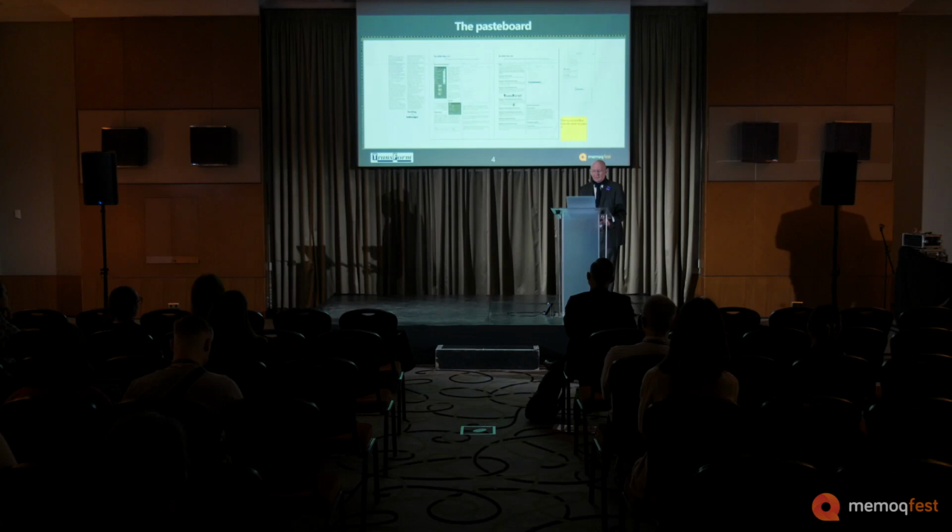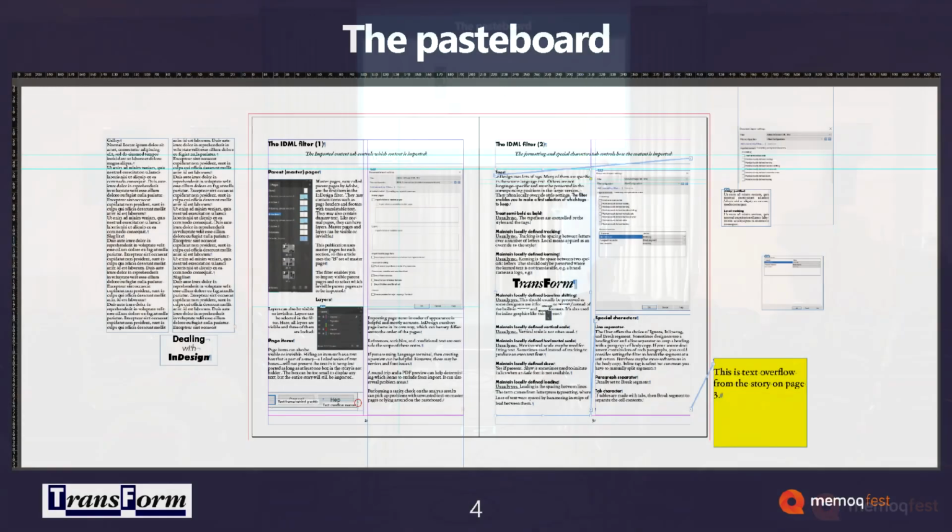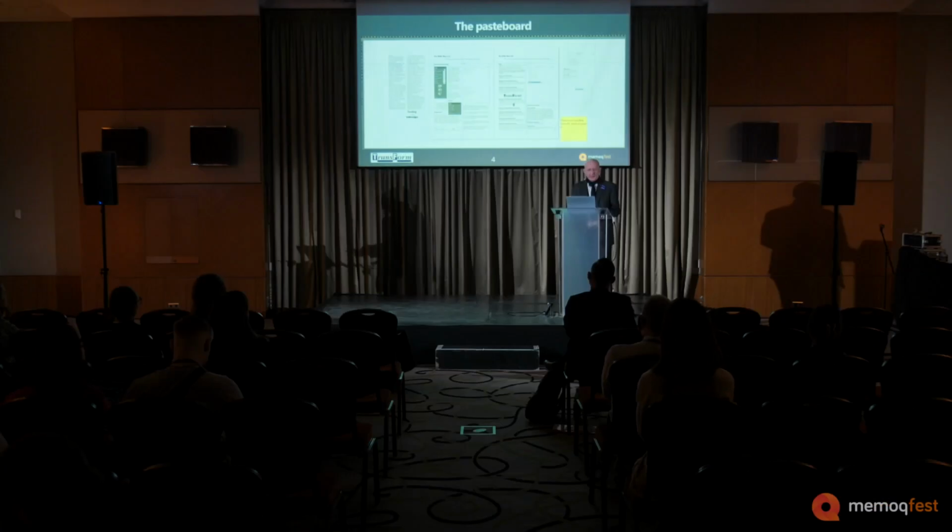So before DTP, layouts were made from paper galleys and paper graphics, which were pasted up to make pages and spreads, called camera-ready artwork. This was done on a pasteboard. InDesign's working area is also called the pasteboard, and designers still like to leave things lying around on it.